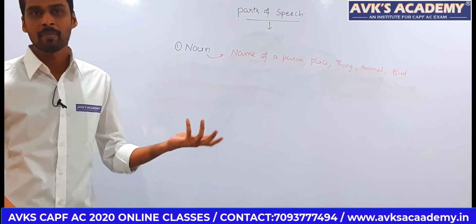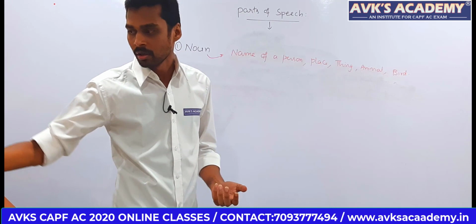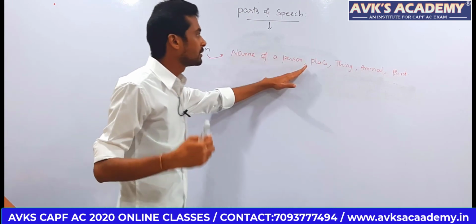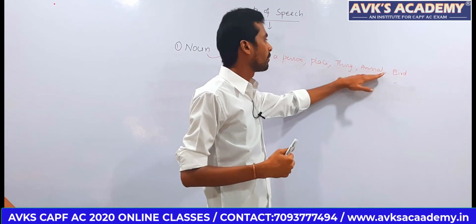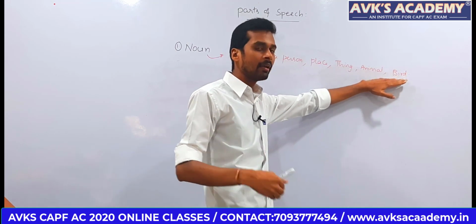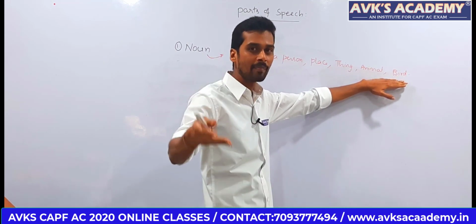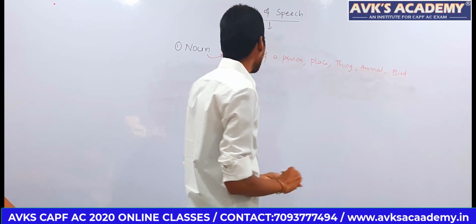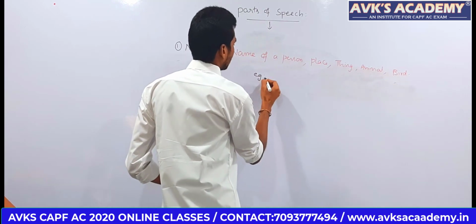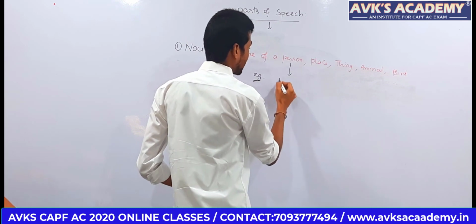A name of anything is called what? Noun. Name of a person, name of a place, name of a thing, name of an animal, name of a bird, name of anything, name of a quality. When we refer to a name, that is what we call a noun. For example, name of a person, Rajesh.